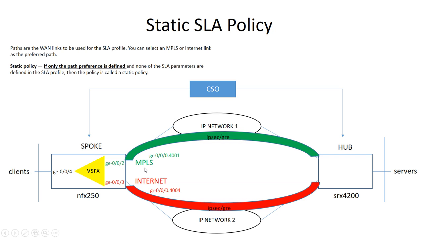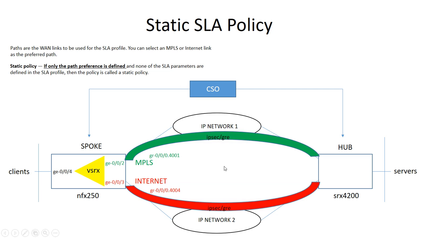One of those links will be MPLS, the other will be called Internet. There are also two tunnels going over these two links. One is green and the other is red. So these two numbers are important just for the screens where we see outputs from the device terminal.